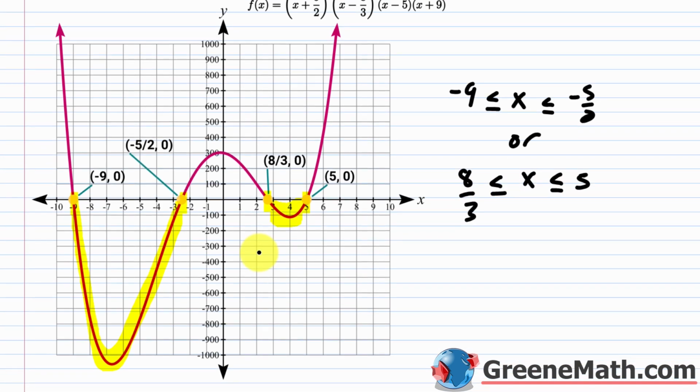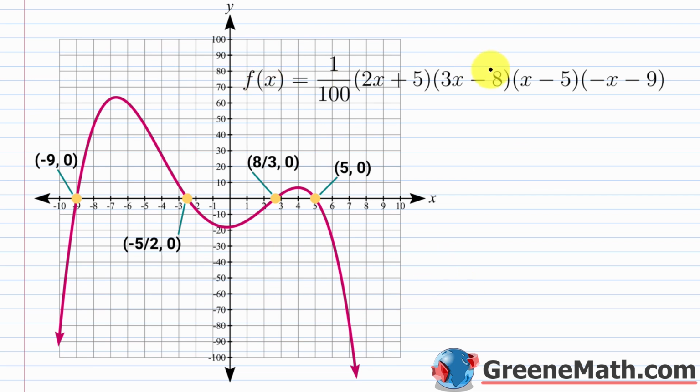So we would say, or we have x is greater than or equal to 8 thirds and less than or equal to 5. Okay, so just in case you want to see it, this is the original function. So we had f of x equals 1 over 100 times the quantity 2x plus 5 times the quantity 3x minus 8 times the quantity x minus 5 times the quantity negative x minus 9. We were looking for where this was greater than or equal to 0. Remember, we flipped because we divided both sides by a negative, so the direction of the inequality symbol got flipped. So here, if you look at the graph, you'd have the same solution set.